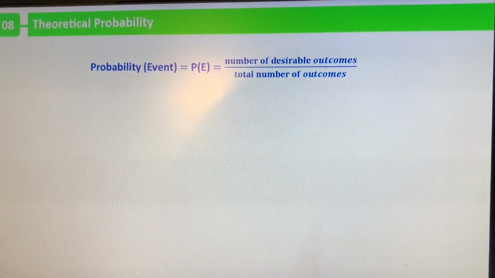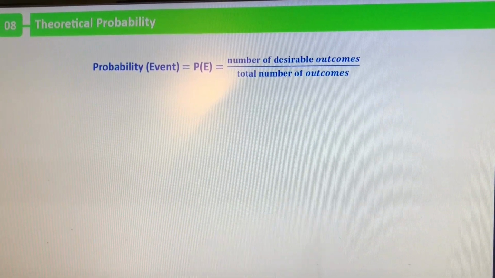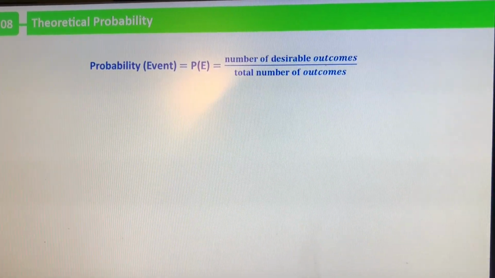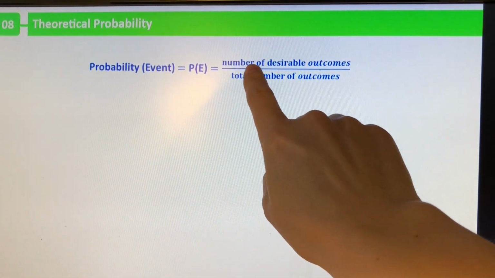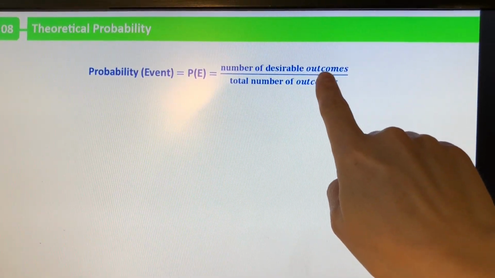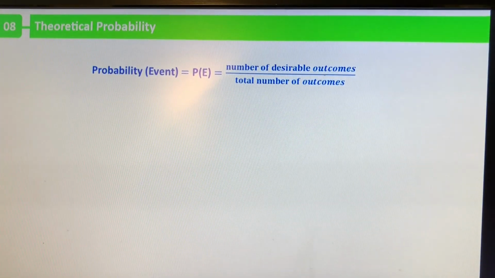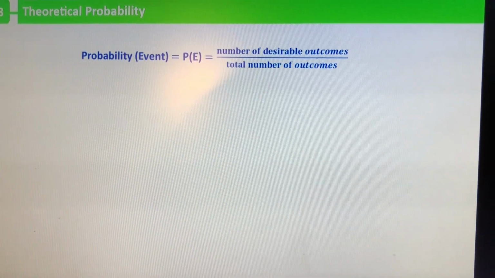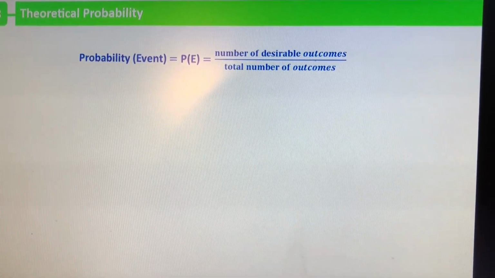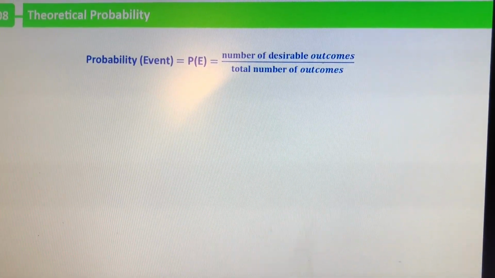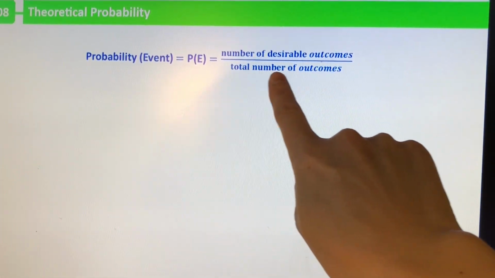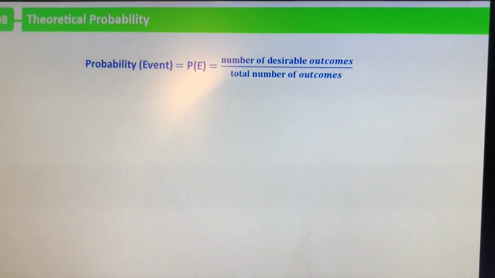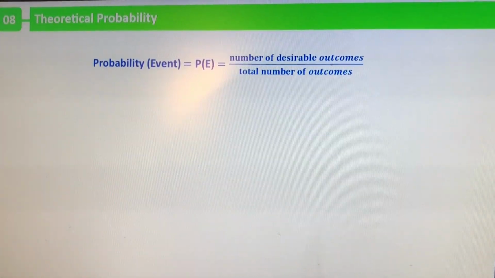So let's see, what are those numbers meant to be on the top and the bottom? Well, if we look on the top here, it's the number of desirable outcomes. So on the top, we write down how many there are of what we're finding the probability of. And then on the bottom, you write down how many possible outcomes there are, the total number.